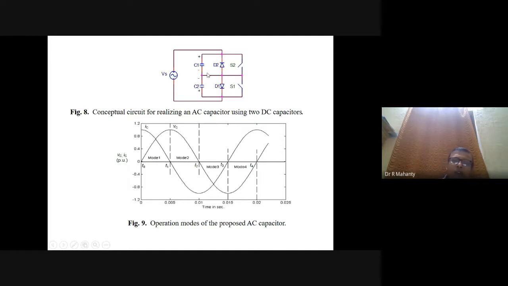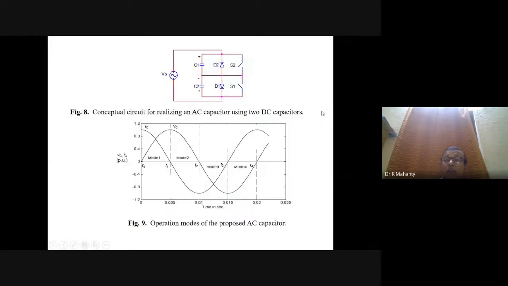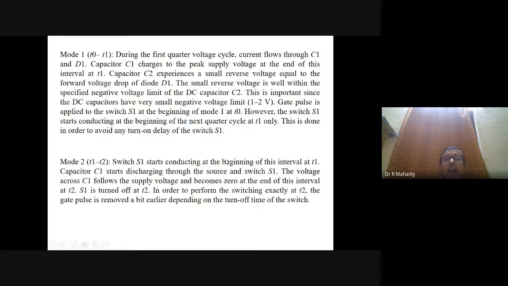In the initial mode 1, C1 and D1 are conducting.